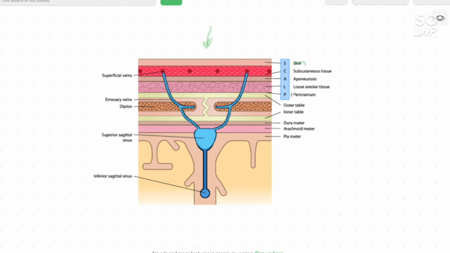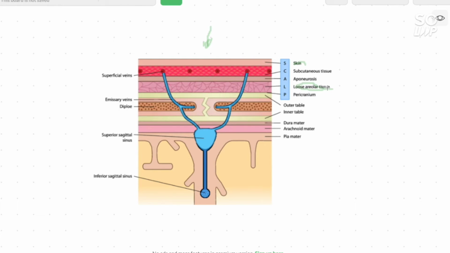Remember, if somebody asks you what is the danger area of the scalp, in most OSPEs, in most examinations, the teacher usually asks this. The danger area of the scalp is the area of loose connective tissue. Remember that one: the loose areolar or loose connective tissue is the dangerous area.